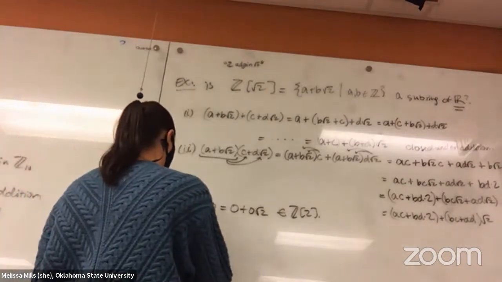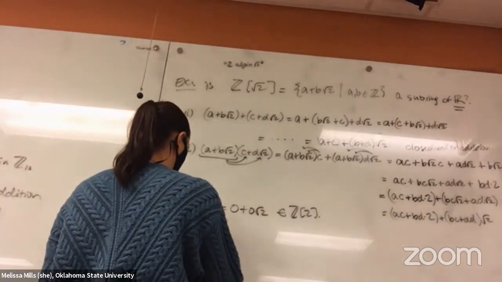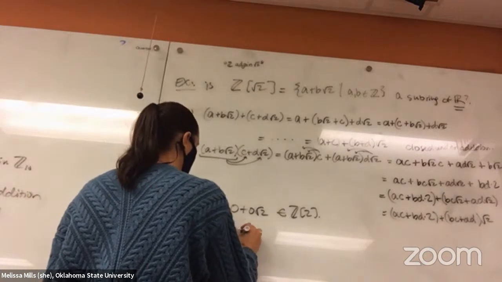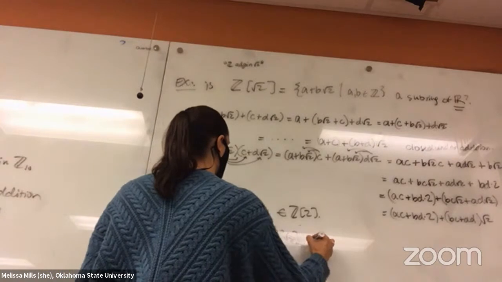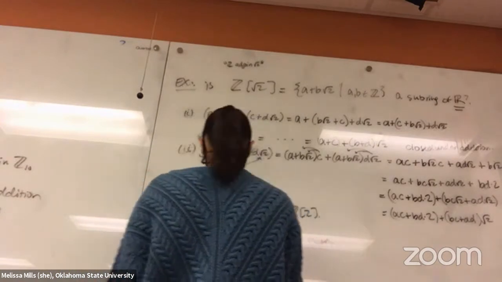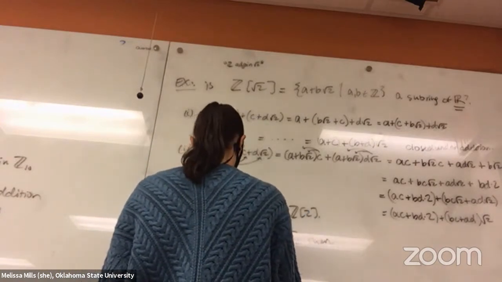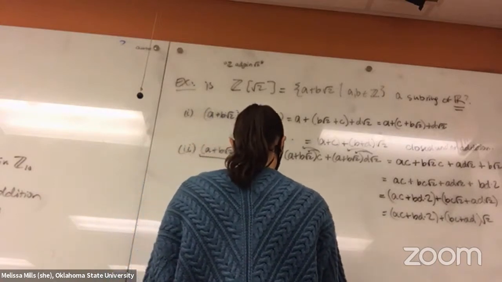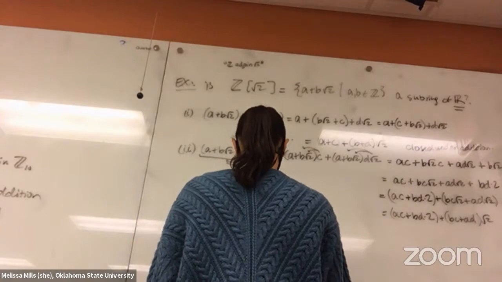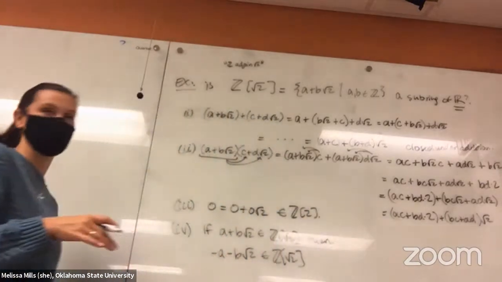And the fourth one, we have that if A plus B square root of 2 is in Z adjoining square root of 2, then we have negative A plus negative B square root of 2 also is in Z adjoining square root of 2. And maybe we should say that when we add those together, we get 0.